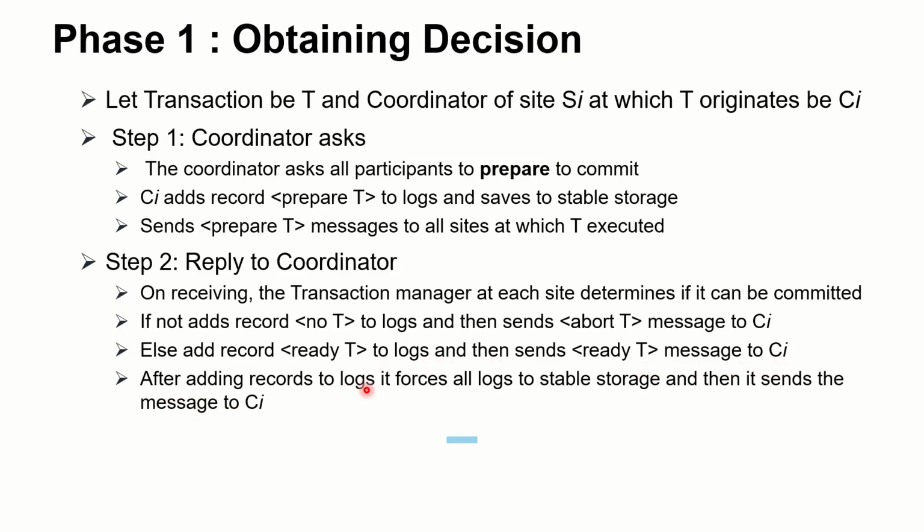After adding records to the log, it forces all logs to stable storage, then sends the message. What this line means is that before sending the message to the coordinator, our log is forced to stable storage, so the ready message is saved to stable storage before being sent to the coordinator.